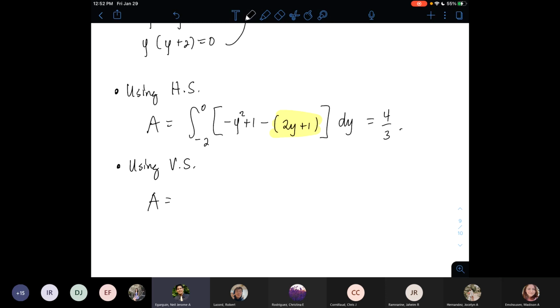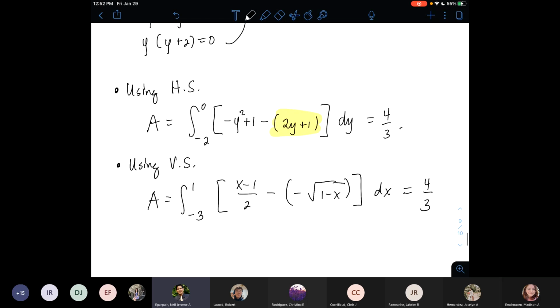If you use vertical strips, then the integral should be from -3 to 1 of (x minus 1)/2 minus negative root of 1 minus x dx. And if you evaluate that, that will also give you 4/3.